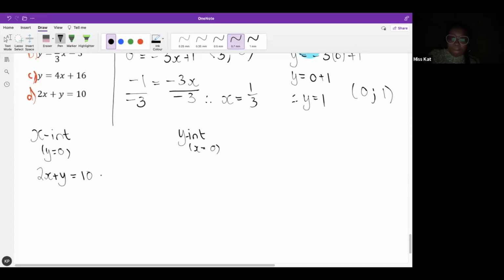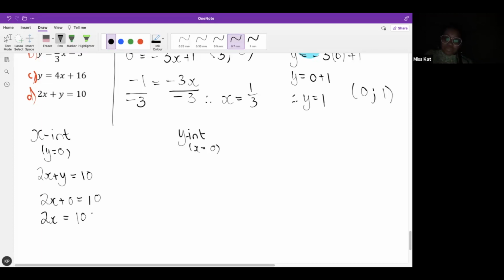And the next step is 2x plus 0 equals 10. And it's 2x, another step, equals 10 minus 0, but it's just gonna remain 10.